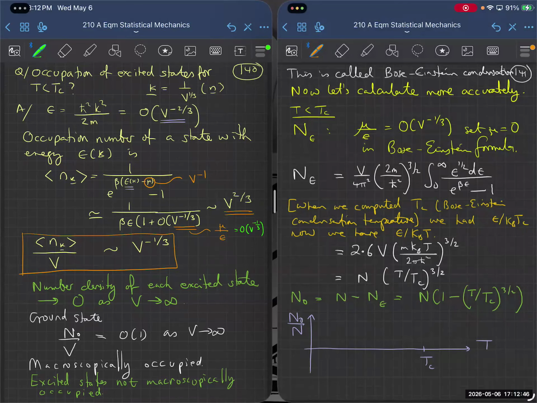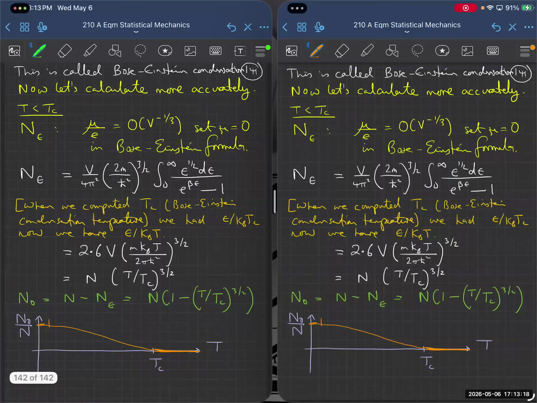Above it, there are no particles in the condensate, no particles in the ground state, everything is in the excited states. And then as I go down from there, this is going to rise like, actually, what is it going to do? It's going to go to 1 up here, and it's some function that comes in like that. Does it go in like that, or does it come in the other way? No, I've forgotten. Somebody smarter than me can figure it out.